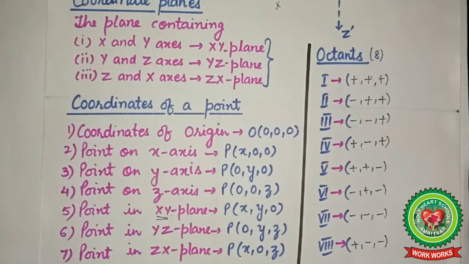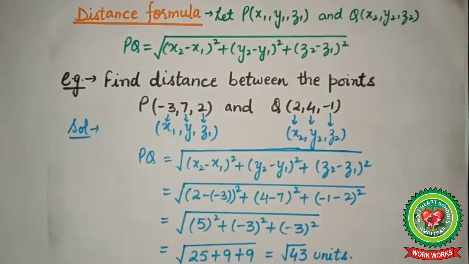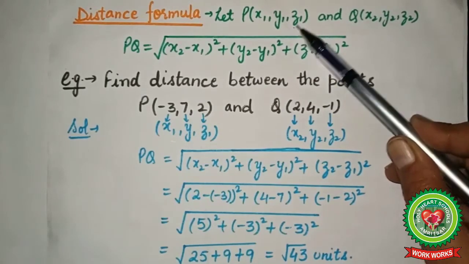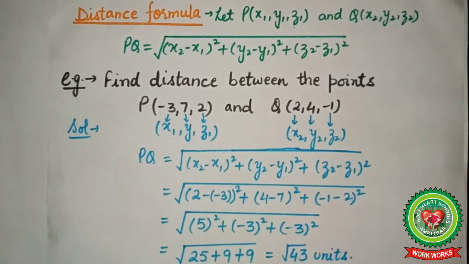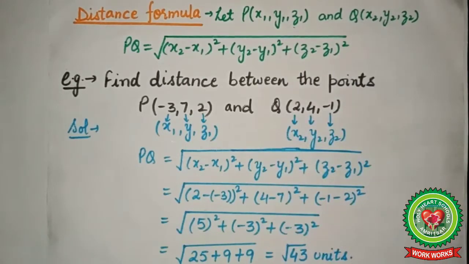Now, we are going to start with the next objective, that is a distance formula. Let P(x1, y1, z1) be the one point and second point is Q(x2, y2, z2). We have to find the distance between these 2 points.